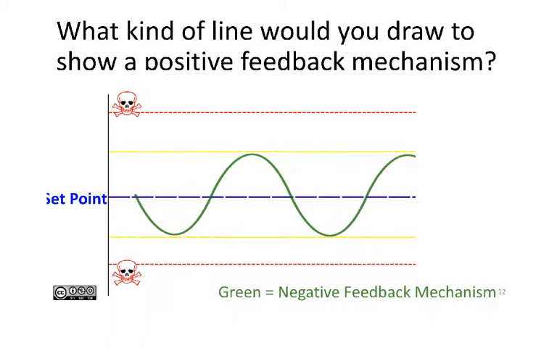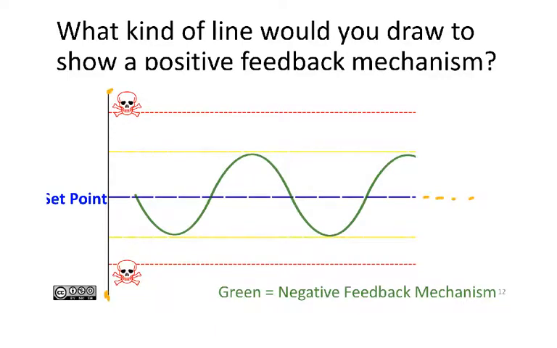So, thought question. Here's the graph again with the variable that's being measured on the y-axis. So you've got high and low. Got the set point marked here. The green line represents what you would see with a negative feedback mechanism.